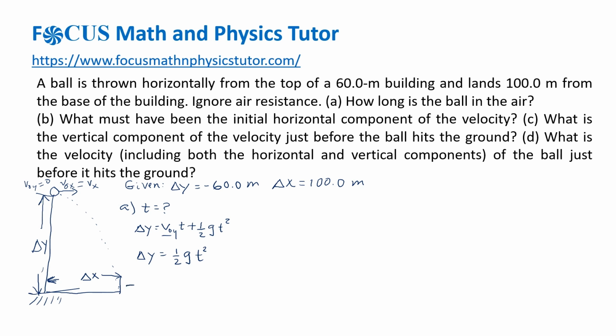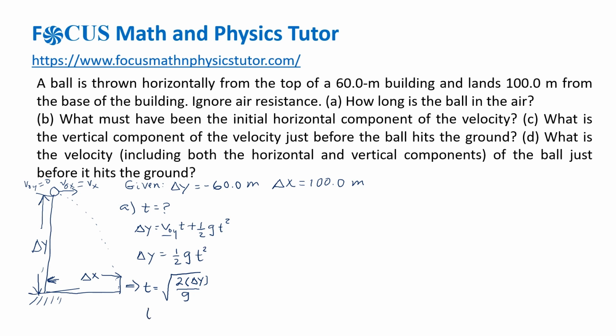So if you rearrange the equation to solve for t, you multiply both sides by 2, divide by g, and then find the square root. That yields t equals the square root of 2 times delta y over g.